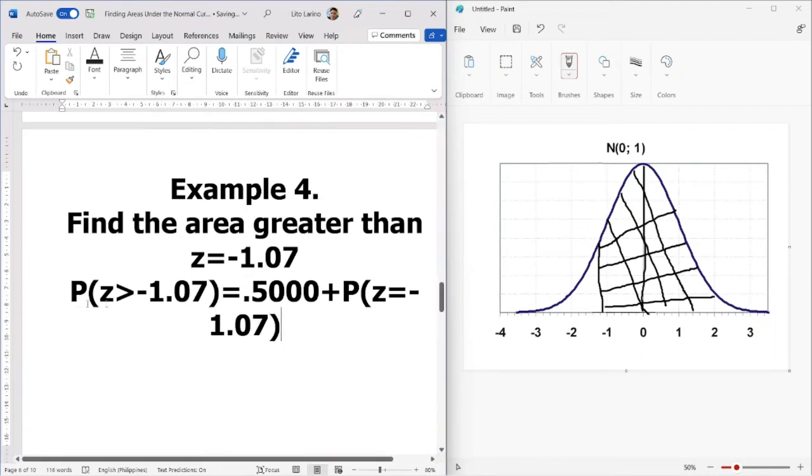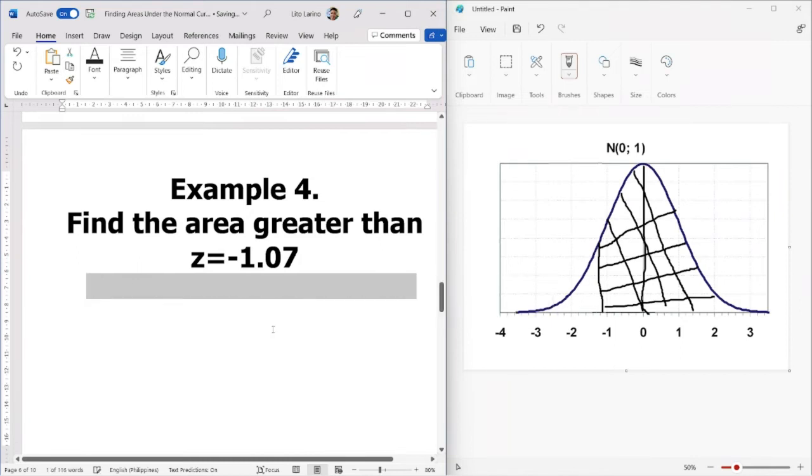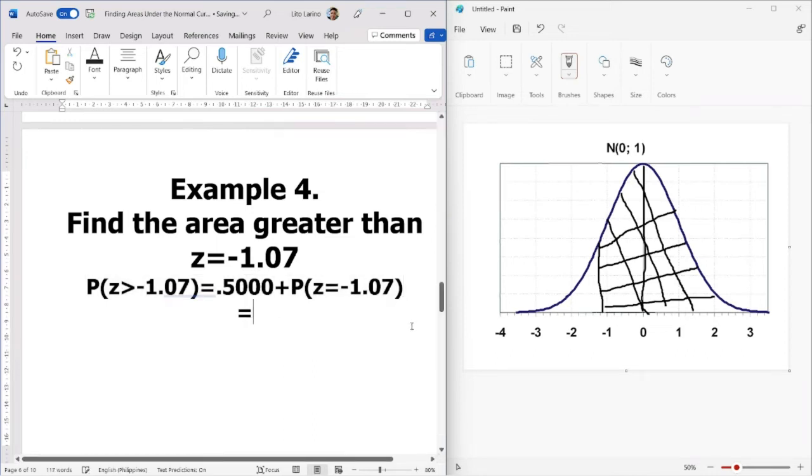Okay. Now we have 0.5000 plus the area given the z-score negative 1.07.